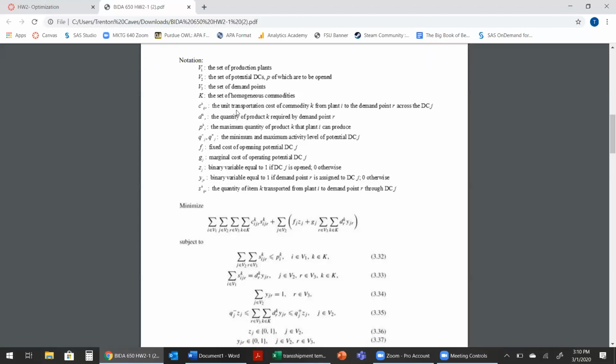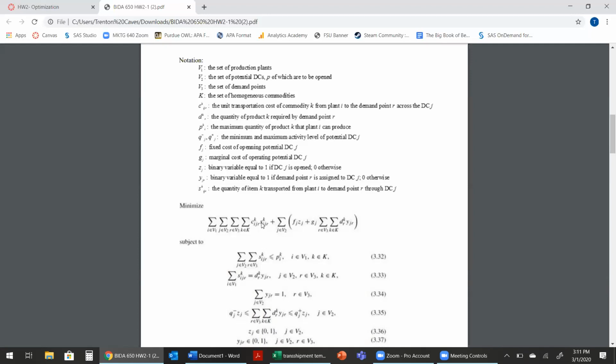And the demand point corresponds to our retail outlets. So C sub IJR to the K is the unit cost of shipping our product from our plant to the warehouse and then ultimately to the retail outlet.